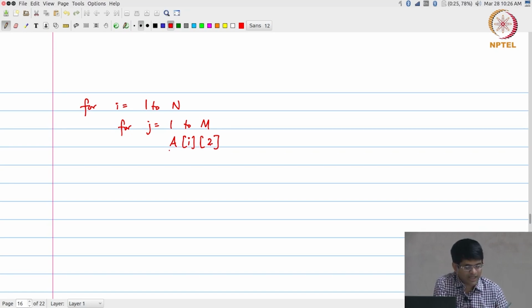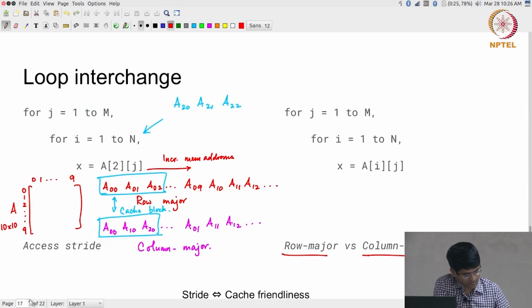What will happen over here is, I will first access a of 1, 2, then a 2, 2. What I would like to do if I am writing a C program would be A12, A13, A14, A15, those would be consecutive memory locations, but A12, A22, A32 are not consecutive memory locations.